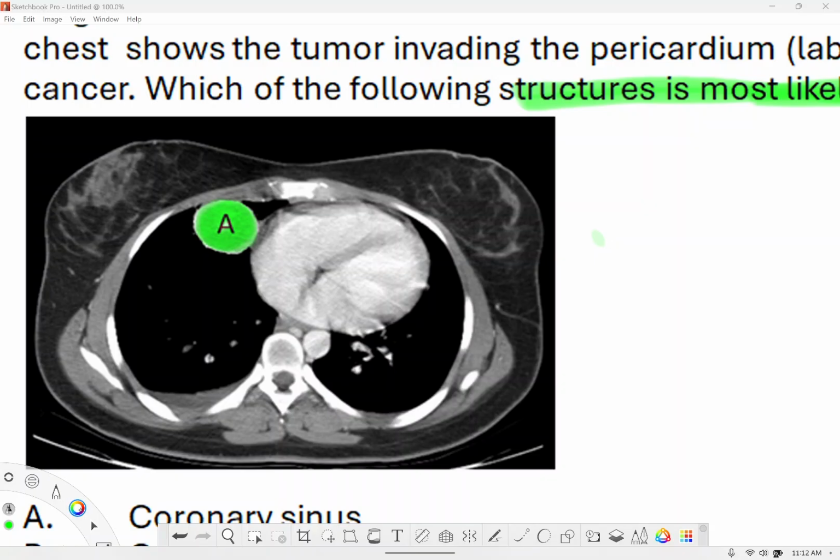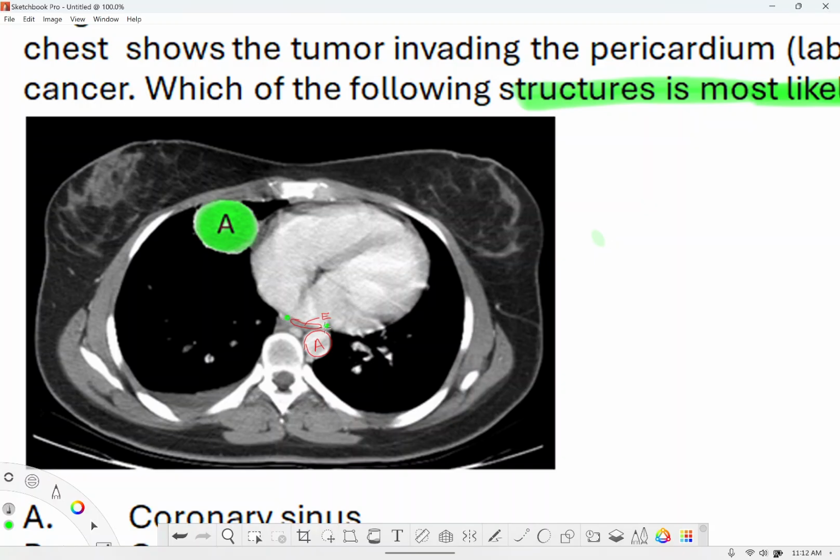Okay, change my color in my pen. This structure is the aorta. Right here, in front of the aorta, between the heart and aorta, there should be a collapsed structure called the esophagus. I'll label it esophagus. On each side of the esophagus, let me use green, would be the vagus nerve.